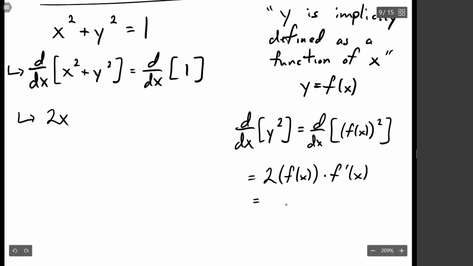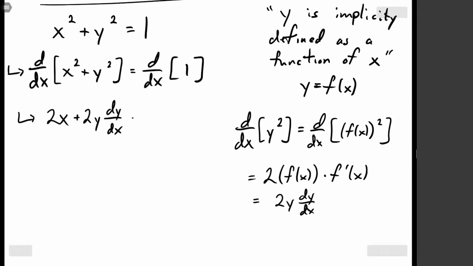And if we swap these back for y's, this will be 2y dy dx. And so that's what goes up here: 2y dy dx, because y is a function of x here. And then the derivative of 1 is just 0. It's the derivative of a constant.